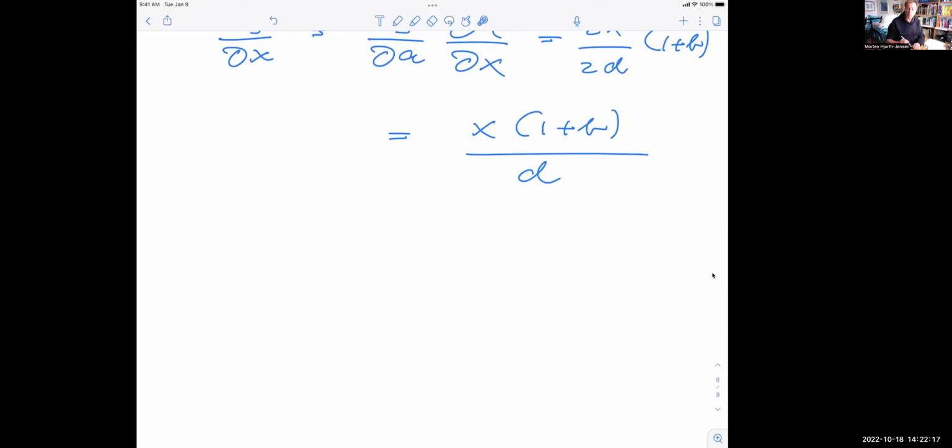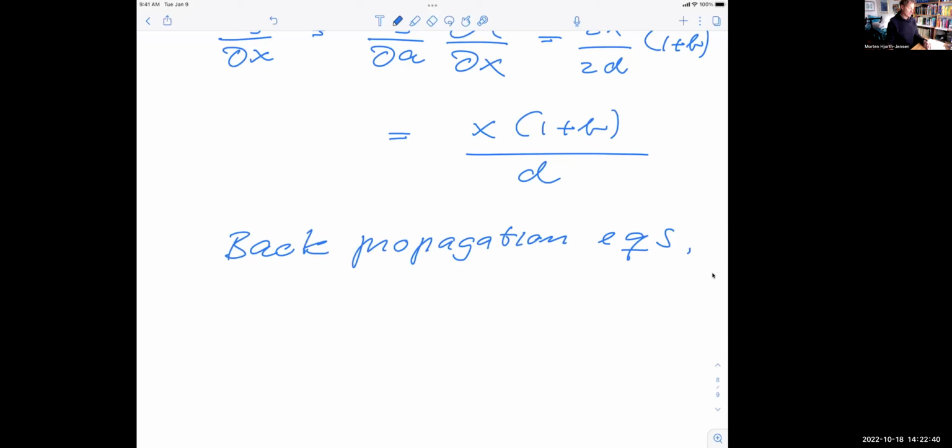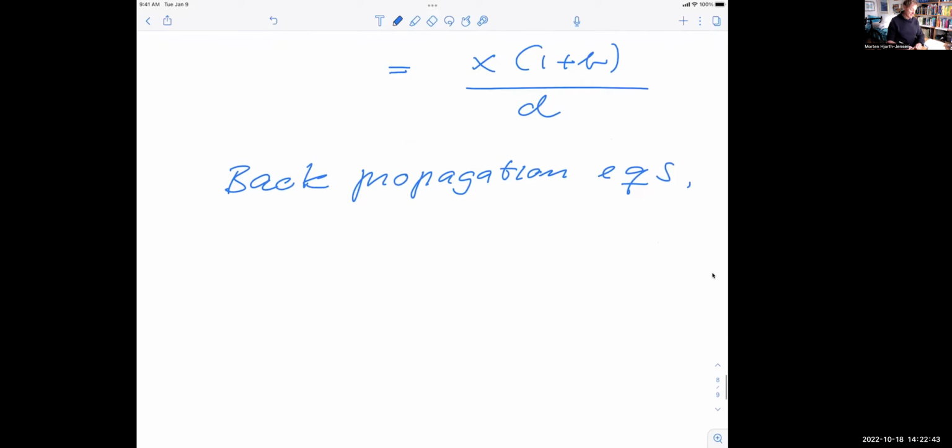So if we look at the backpropagation algorithm, let's just quickly repeat it because we derived it last week. So let's set up the backpropagation equations. What we defined was the parameter delta j in the final layer.